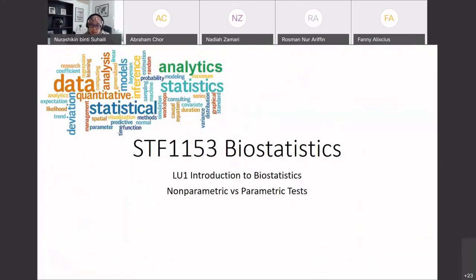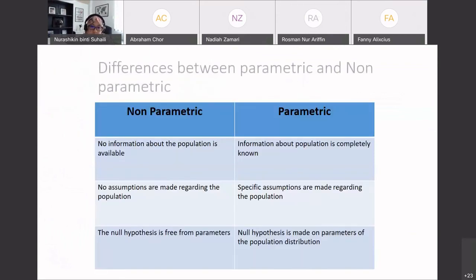Right. So as I mentioned in the beginning, in this course we deal with non-parametric data and parametric data, and obviously non-parametric tests and parametric tests. So what's the difference between non-parametric and parametric data or statistics? When we talk about non-parametric, there is less information.